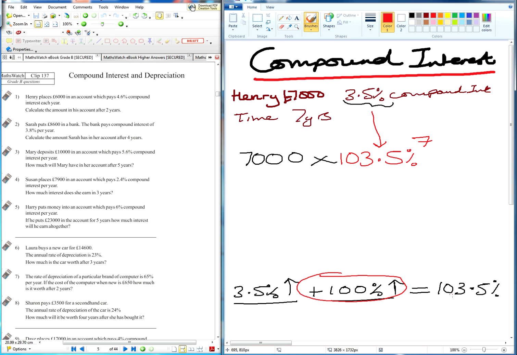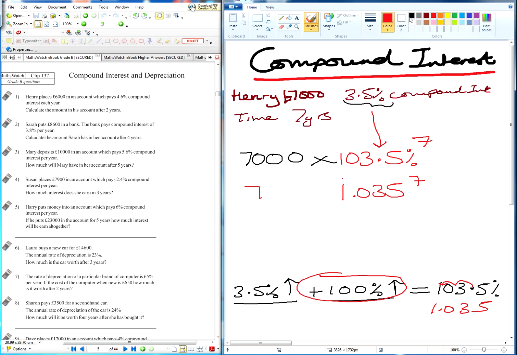If we change 103.5% into a decimal multiplier, we divide it by 100, which gives 1.035. So it's 1.035 to the power of 7, because we multiply by this number 7 times, again and again.